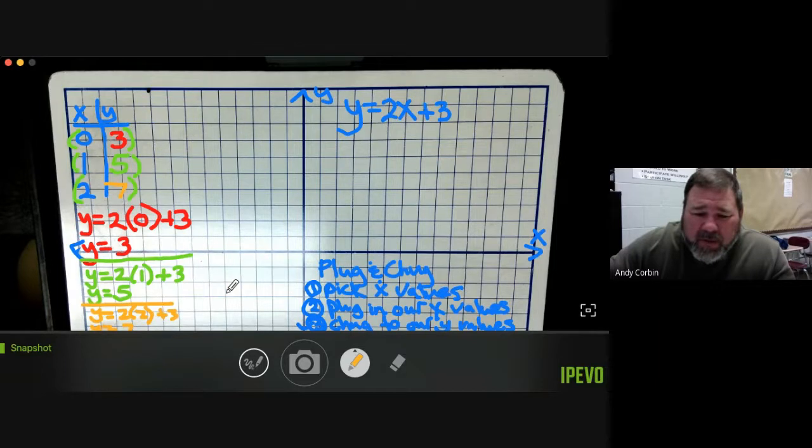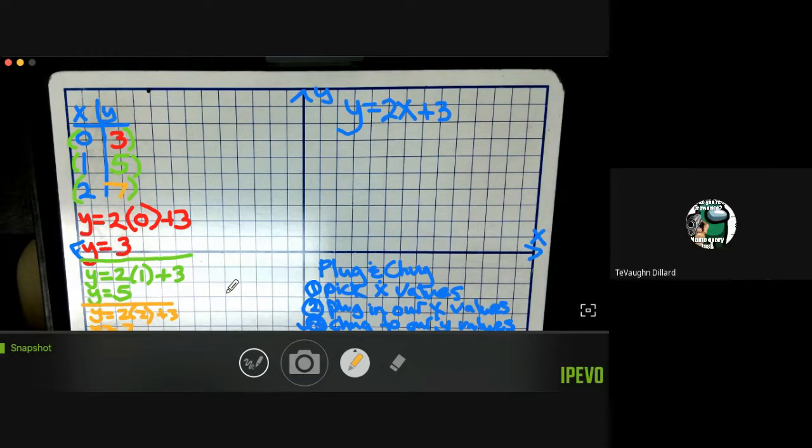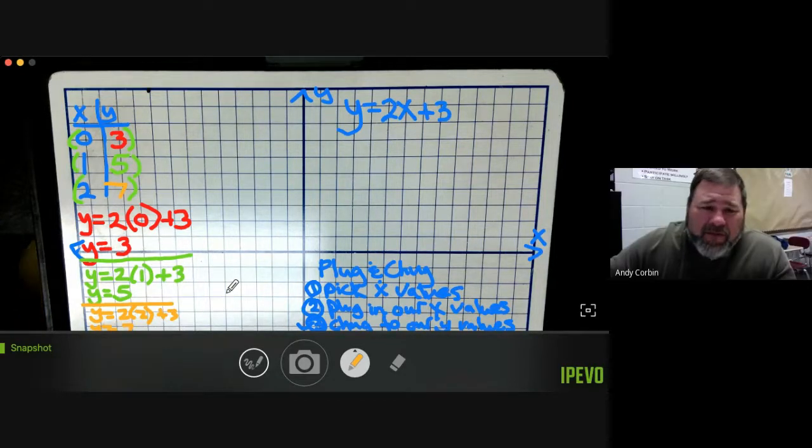Now, some smart person out there tell me, what does that have to do with the graph? Why are we looking for these solutions? To see if it's a dot on the graph. Well, actually, Tavon, if they are solutions in the equation's world, then when we move over to the graph world, they're points that are on the line.